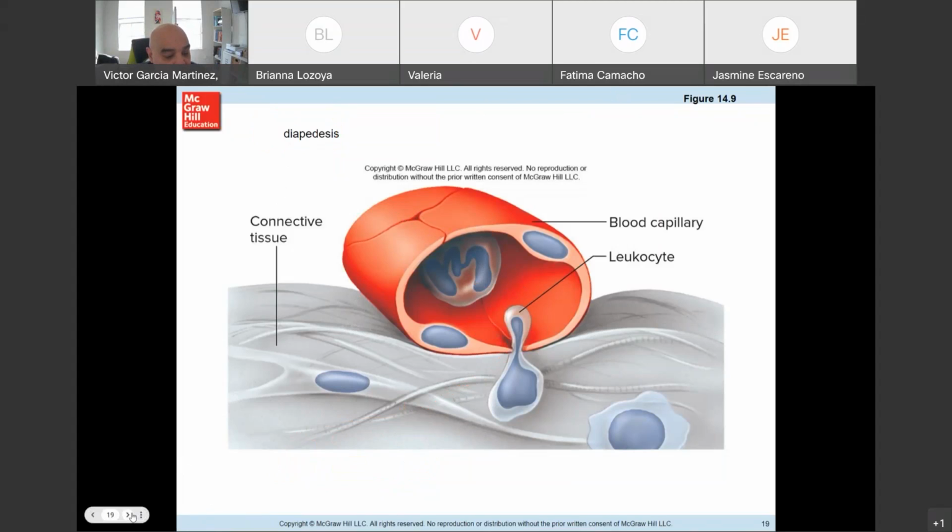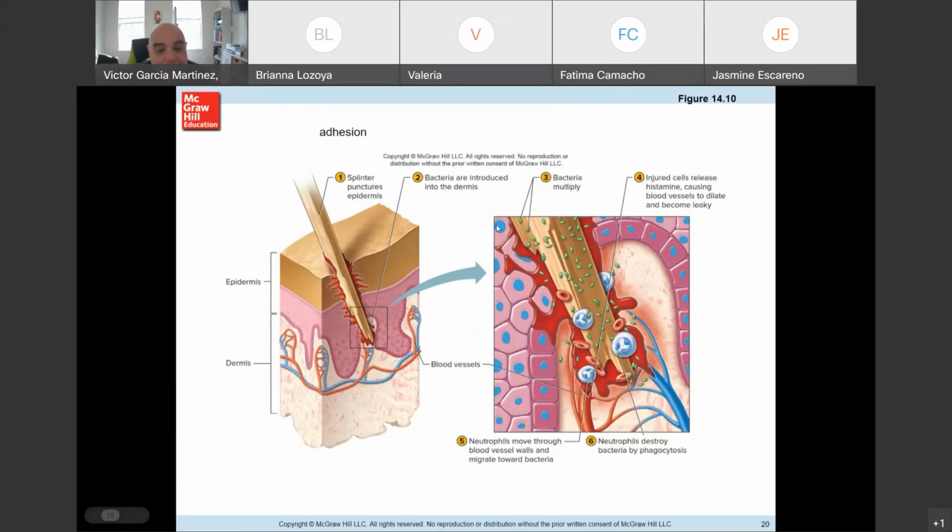Let me move now here. Guys, when you have a wound, it could be any source of infection, but when we have a wound, we're crossing our skin, and remember the skin is the first barrier against infections. But if we have, for example, this small wound, then we're able to acquire more bacteria.